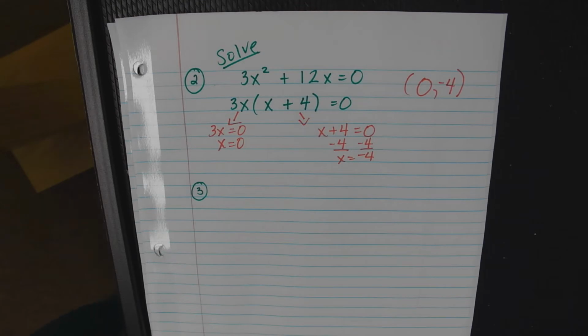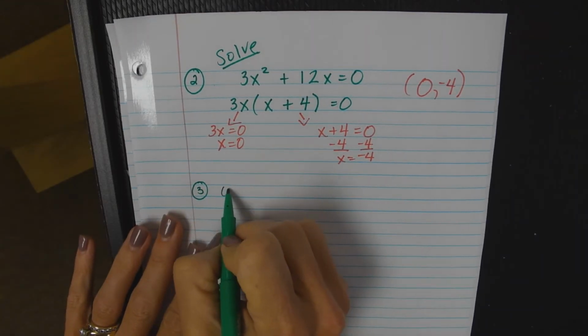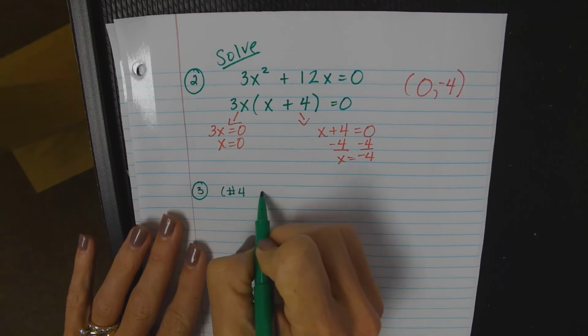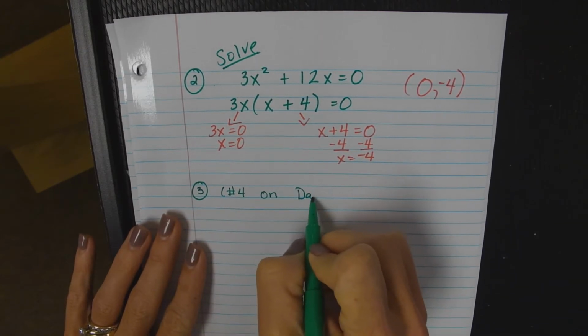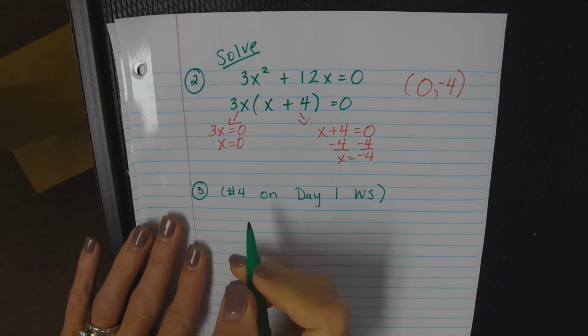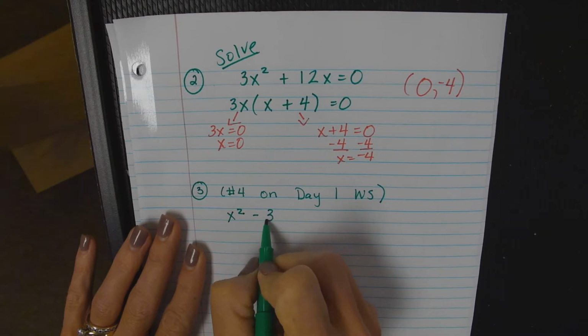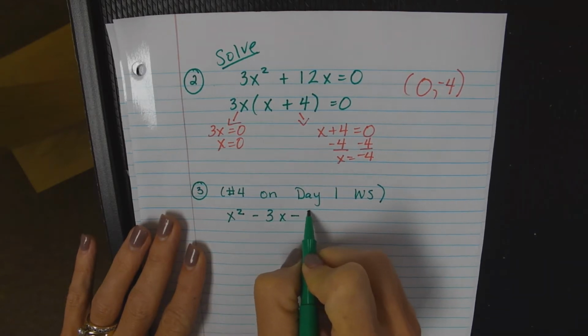Let me look at your sheet. Look at number 4. Number 4 reads x squared minus 3x minus 28.